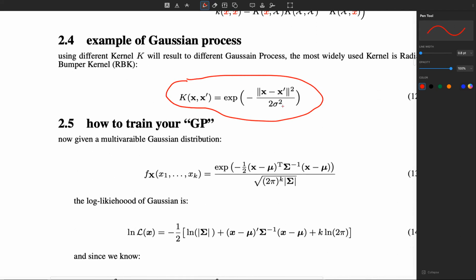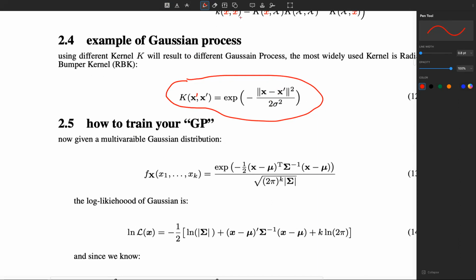If you put X prime and X prime in here, you get 1, because that makes them most similar. If they are very different, the norm between the two becomes huge, so you get the exponential of a very large negative number. If they are very different, you're going to get 0.